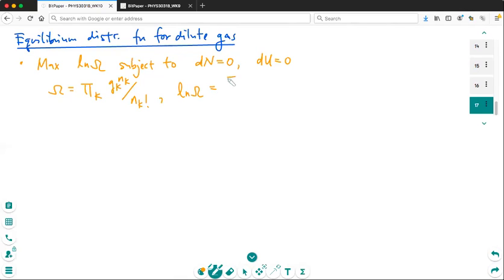So that will give you the summation of NK log of GK, minus the one at the bottom. You take the log, so this is log of NK factorial.